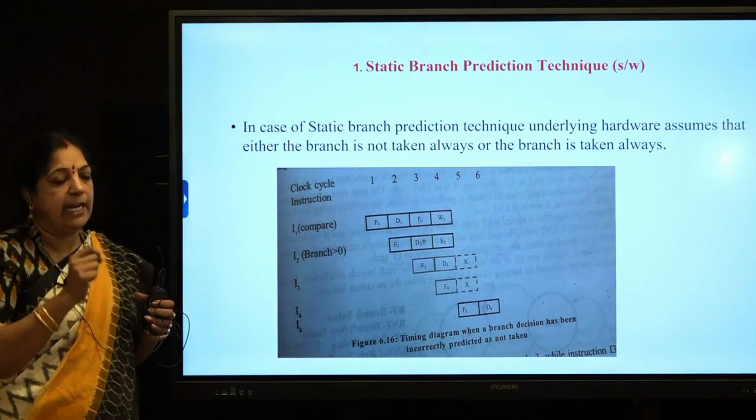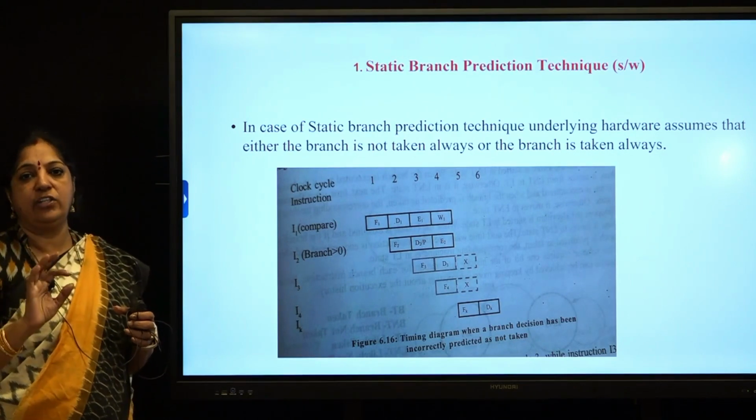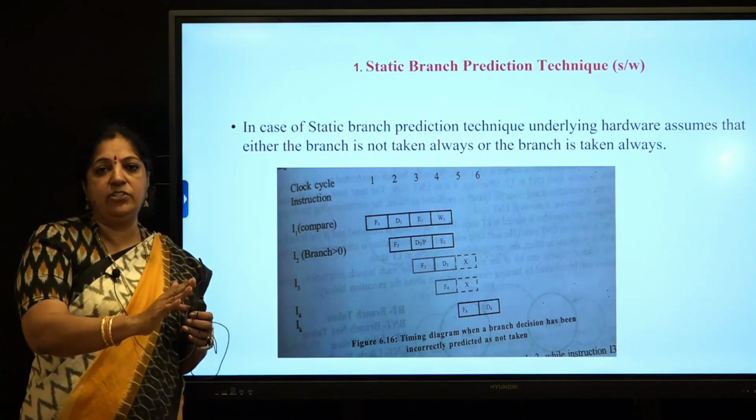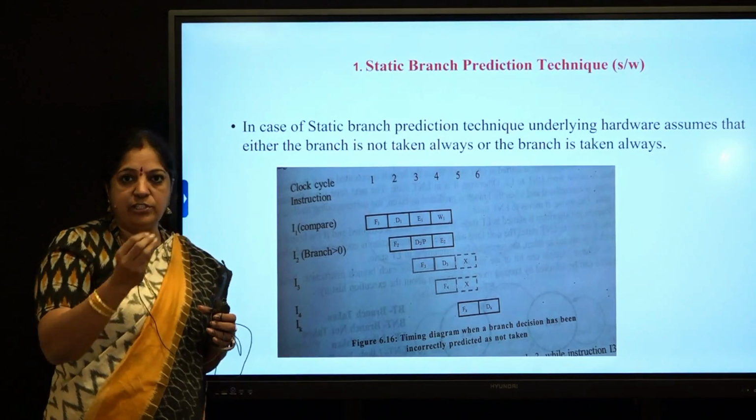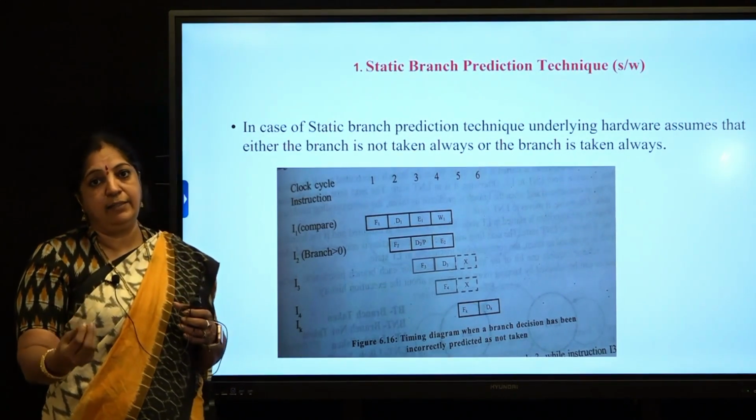Every time we predict there is a branch, and accordingly we take a decision. We assume that a branch instruction is going to come, and how to handle that, we will follow every time.